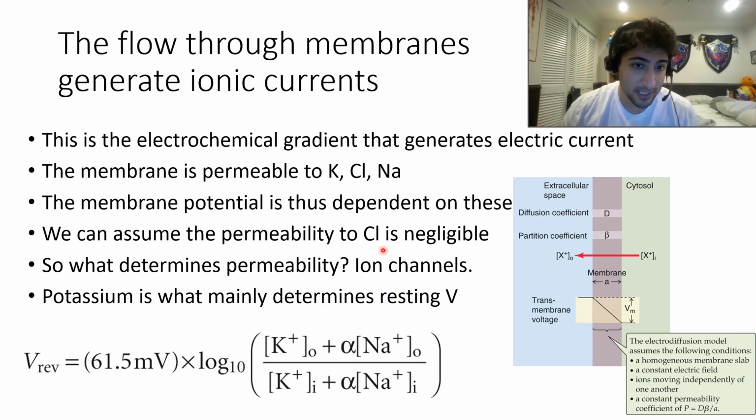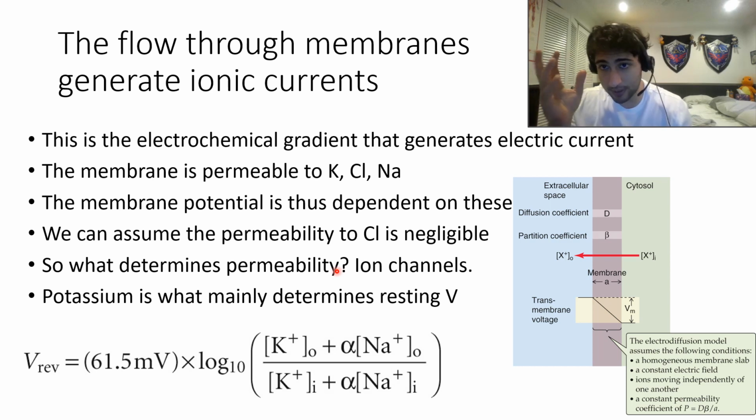So what determines the permeability? The ion channels. Whether they're open or closed determines whether the membrane is permeable to those ions, and we'll talk about why that's important towards the end of the lecture. Potassium mainly determines the resting potential, because there's a leak channel that sets it, but we'll talk about that in a bit.